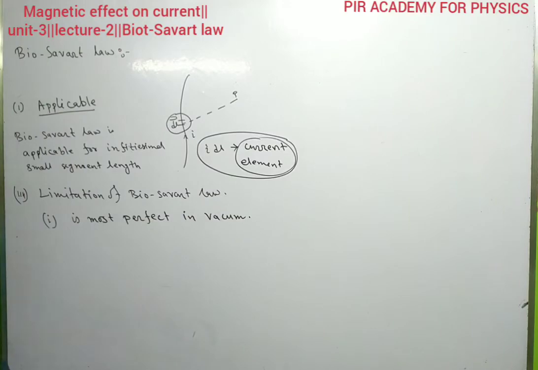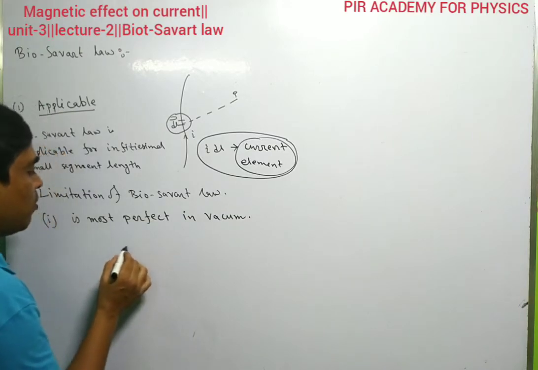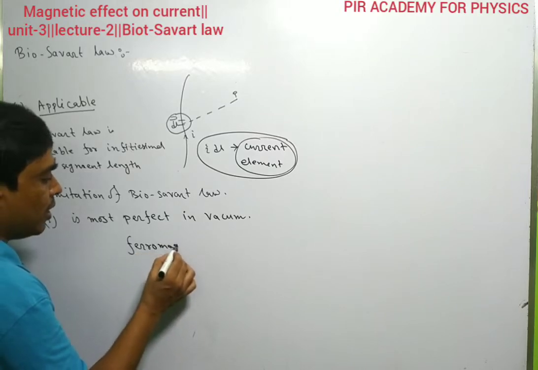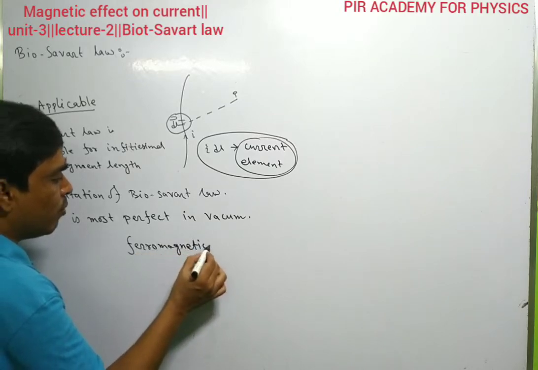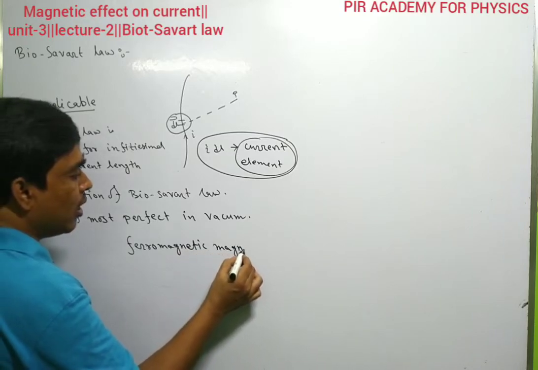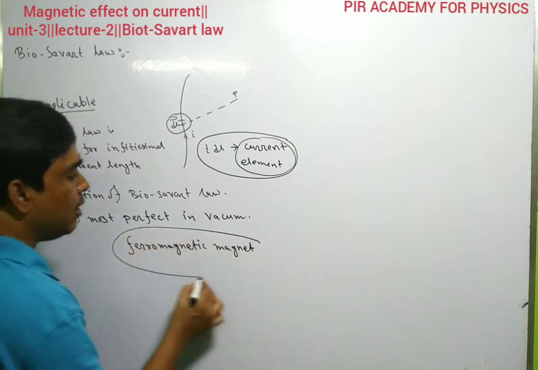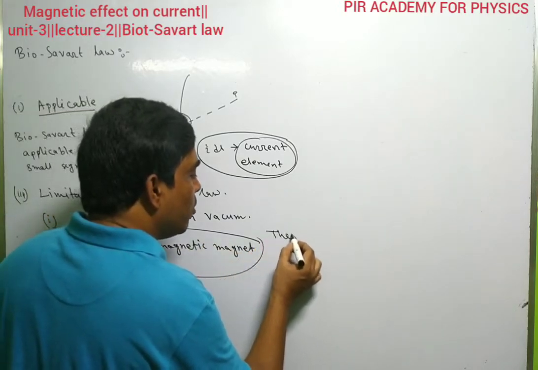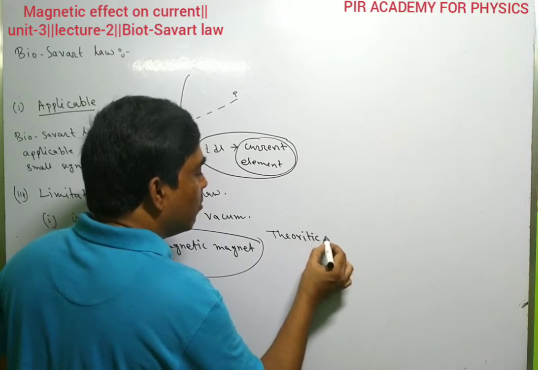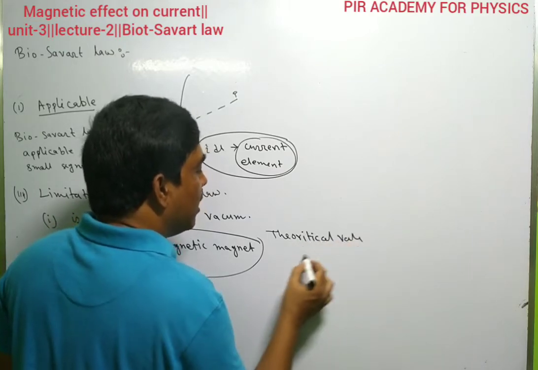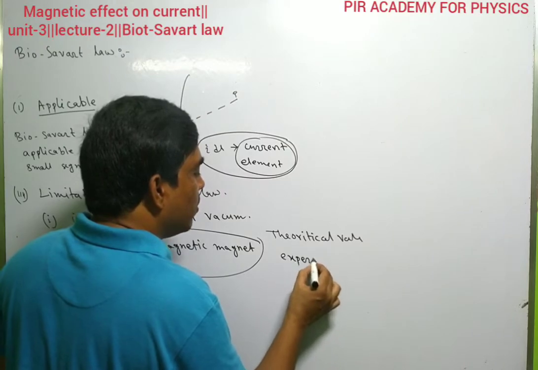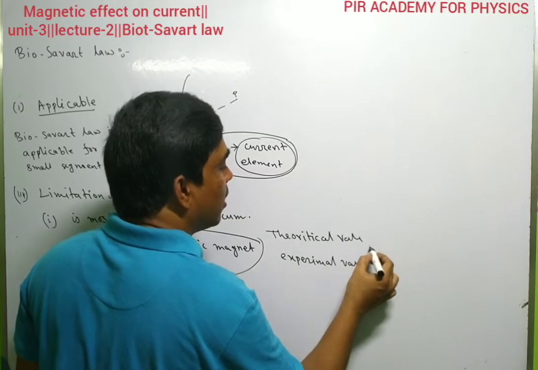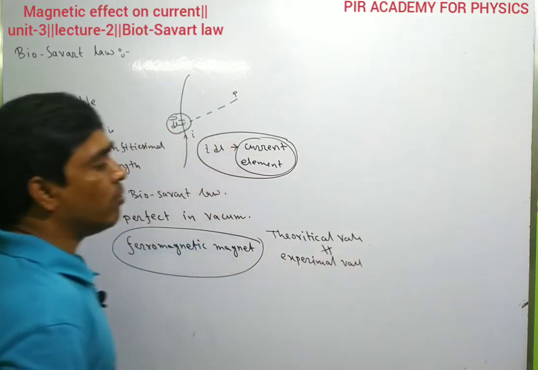But if you apply it to a ferromagnetic material, if you want to calculate the magnetic field inside the ferromagnetic material, then the theoretical value and the experimental value differ somewhat.